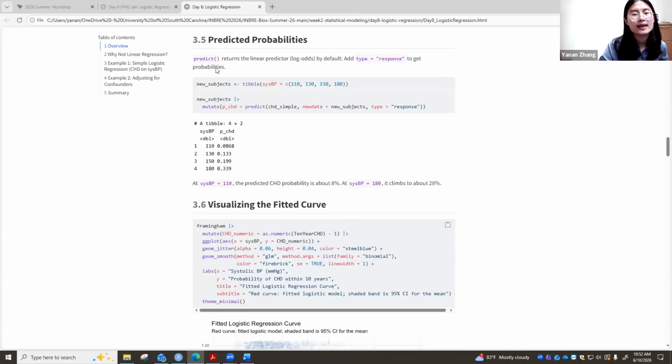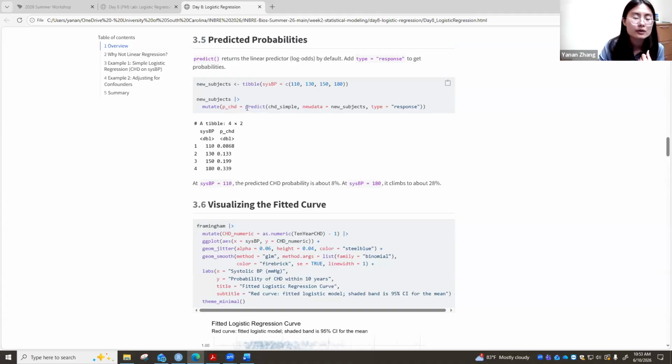Next, we can get the predicted probability. Now we are talking about the third scale, the probability scale. We do the same thing as we did in the linear regression. First, we create a new data set where we want to predict for a person who has a systolic blood pressure of 110, 130, 150, and 180, and we want to know the predicted probability.